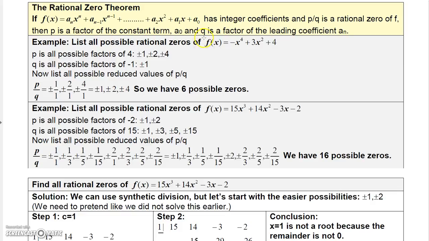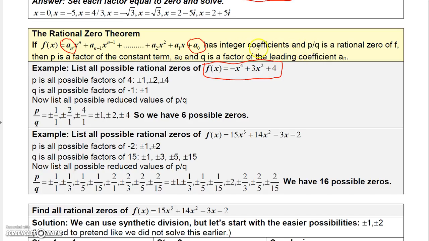Okay, so if we want to find zeros of this, we're not going to have somebody telling us that, hey, -3 is a 0 or 2 is a 0. We're going to actually have to figure that out. Well, the rational zero theorem helps me figure out what the possible roots to a polynomial are, and basically what you're going to look for is the leading coefficient here, a sub n, and then the constant term, a sub 0.